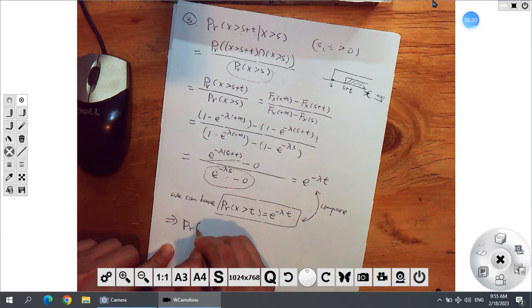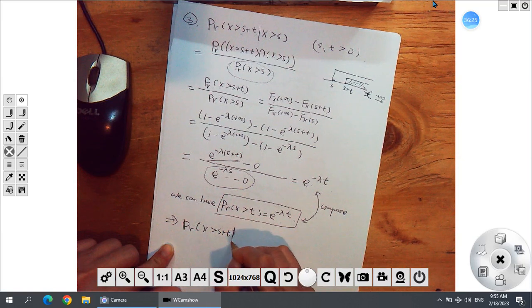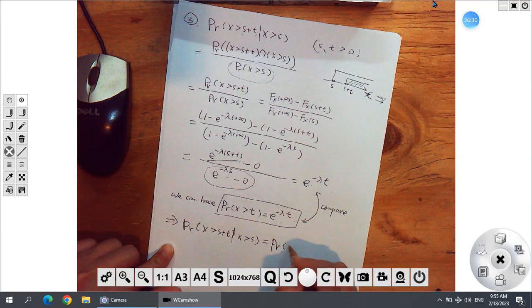The probability of x larger than s plus t, on the condition x larger than s, is equal to the probability of x larger than t.